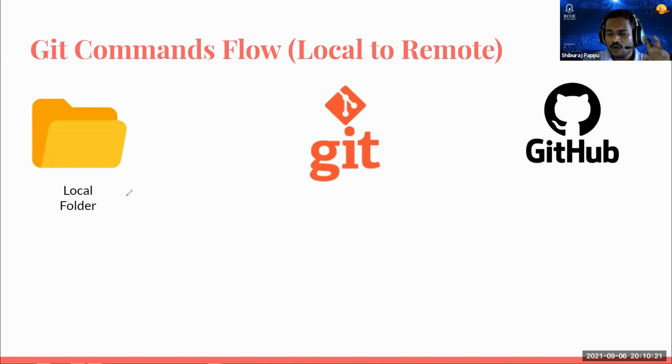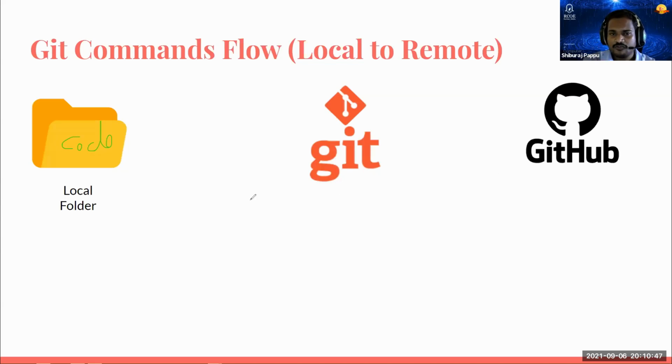Now, you write code inside the local folder. Whatever code you write is not at all tracked by Git. Git doesn't know anything about what you are writing inside the local folder.